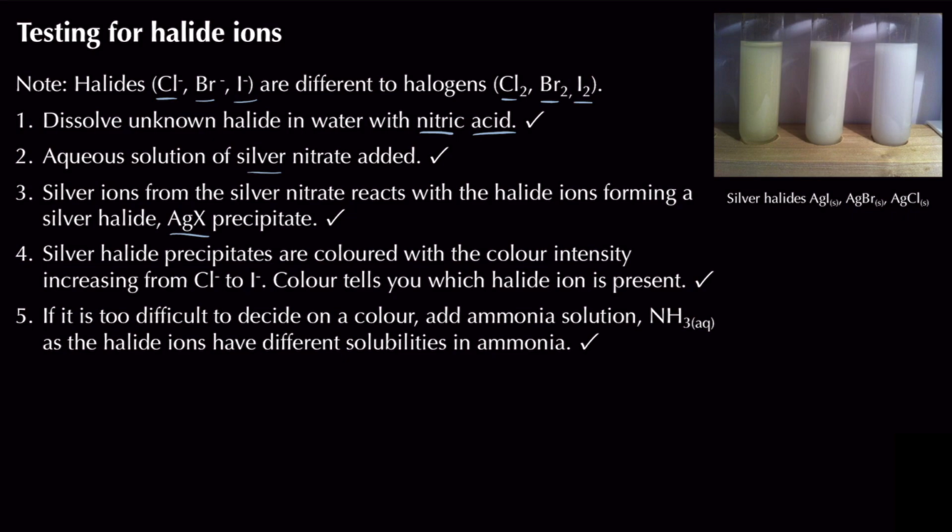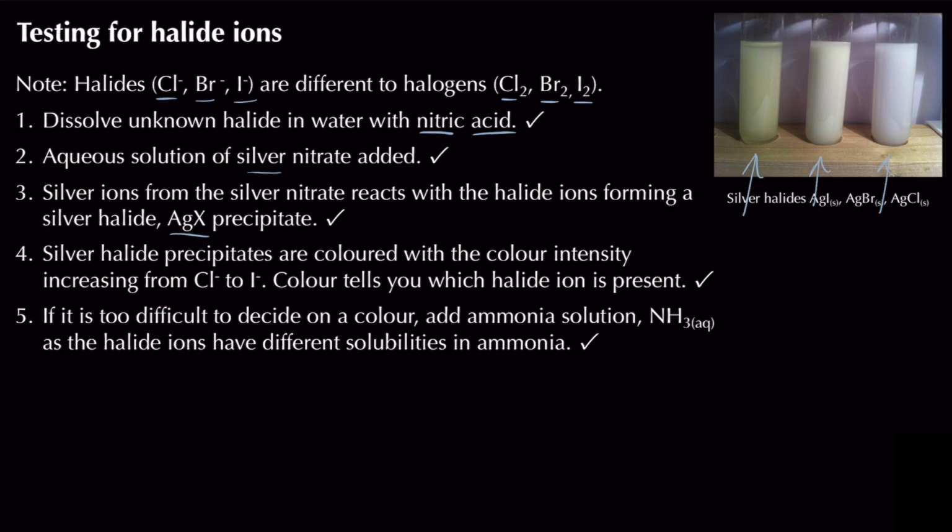For silver iodide, we can end up with a yellow precipitate, which you can see over here. For silver bromide, we can end up with a cream precipitate, which is quite hard to distinguish from the yellow one in some cases. And then we've got a white precipitate, and that's going to be for silver chloride itself. That's basically what tells you which halide ion is present in solution.